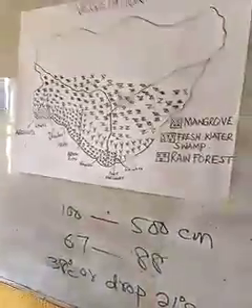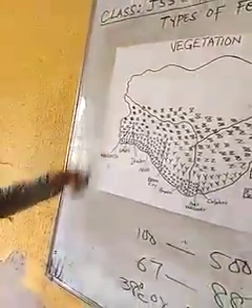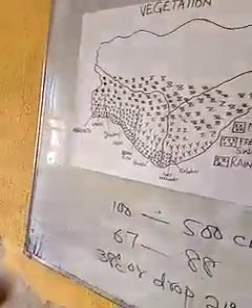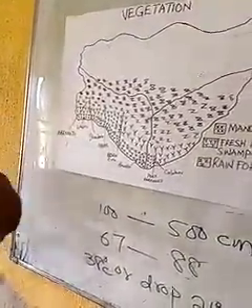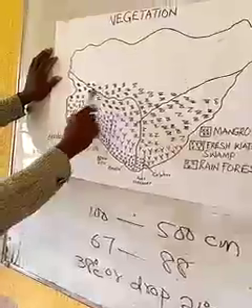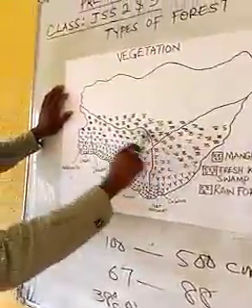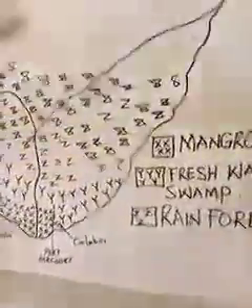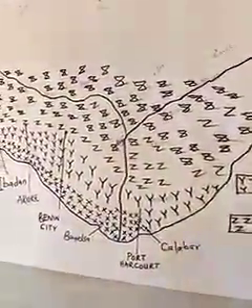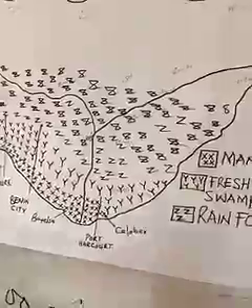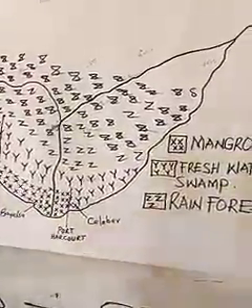This area where the derived forest can be found, I represented with figure 8 here. So that is that. We are going to stop here for this class.